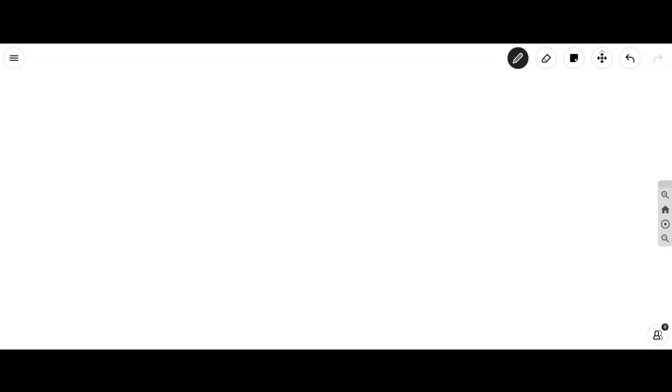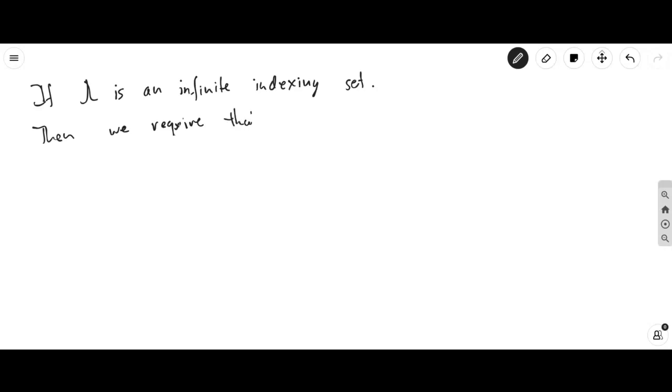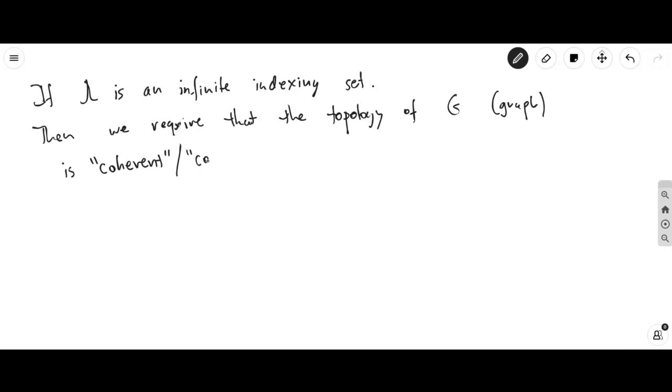Now, if lambda is an infinite indexing set, then we require that the topology of G, your topological graph, is coherent, or you can say compatible, consistent, with the topology of each edge.